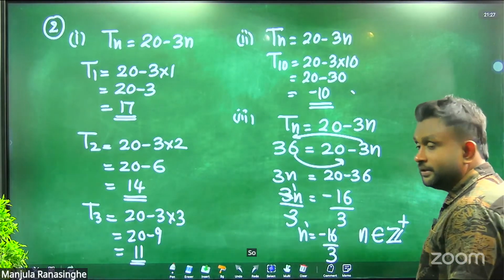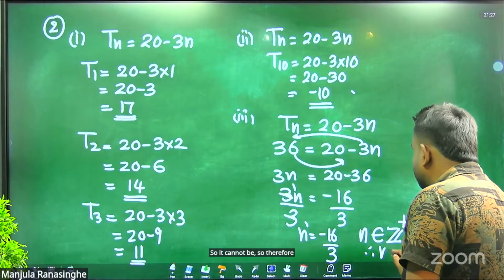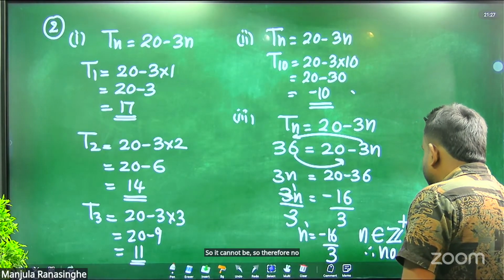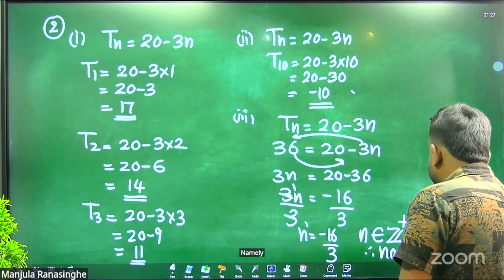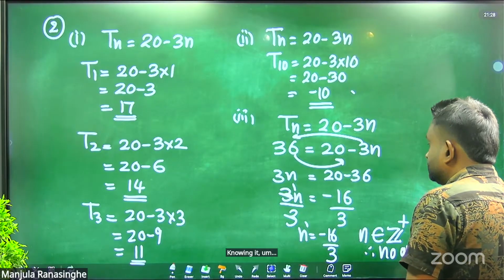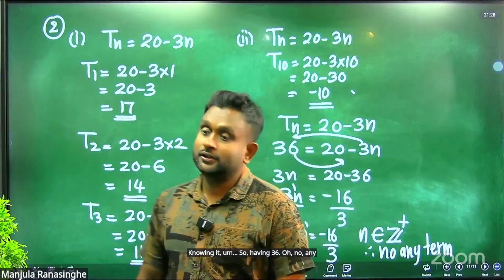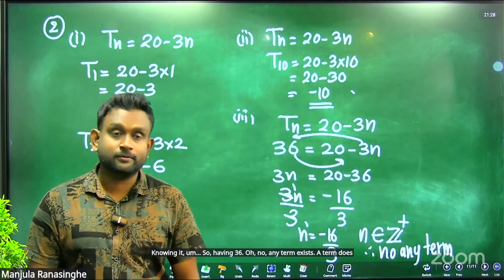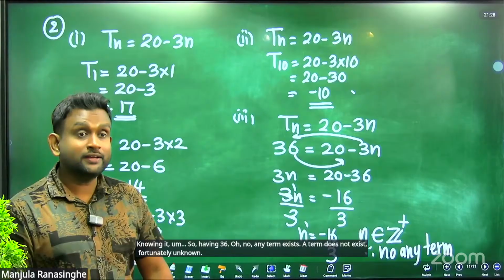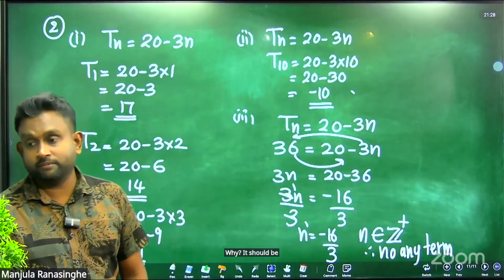So it cannot be. Therefore, no term having 36 exists. The term does not exist. Why? It should be a positive whole number.